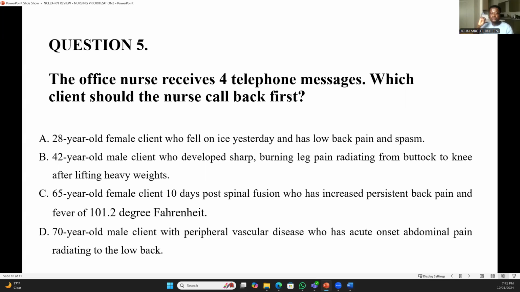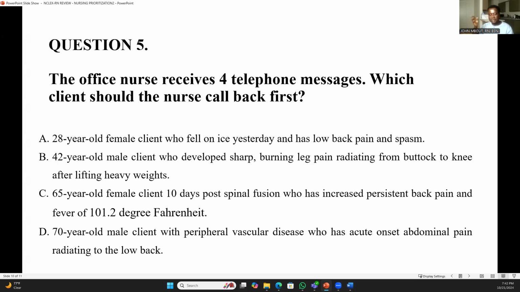It could be a rupture, right? So you have to attend to this client first. The client might be bleeding, okay? You look at signs of shock, decreased blood pressure, systolic blood pressure, weak pulse, pallor. This is a priority.